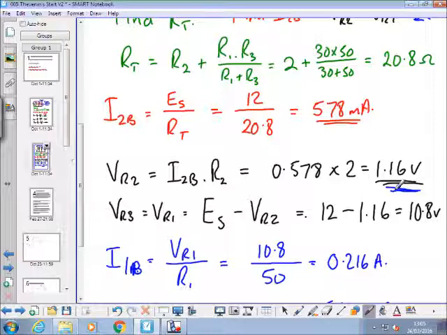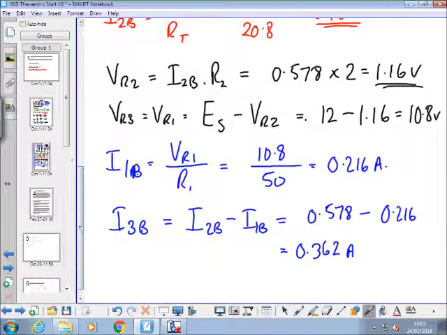Then taking that away from the source voltage using Kirchhoff's voltage law, we got the volt drop across VR2 as 10.8 volts, and then used that voltage to find the current I1B. We could have used Ohm's law again with VR3 and R3, but I've used Kirchhoff's current law here, taking I1B away from I2B to end up with 0.362 amps.